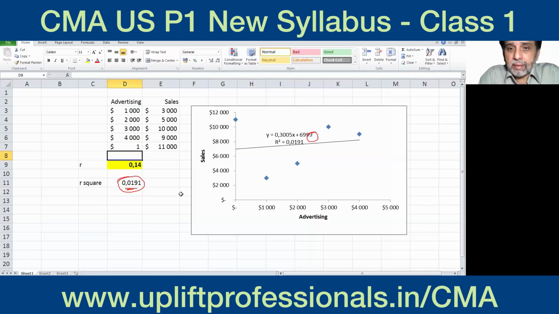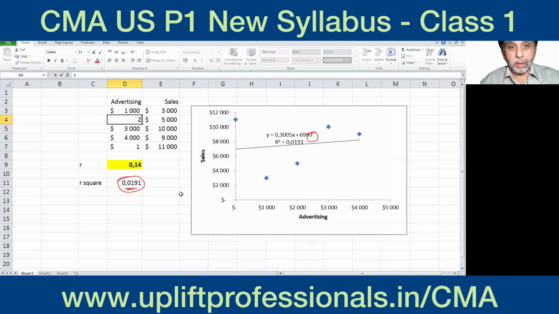When such a thing has happened, you cannot trust this model. R square has gone down. Everything is bad. So we should either remove this data, saying that it is not in the normal line of things, and continue with the model, or actually probably it is not a good indication. It's not causing sales to increase.